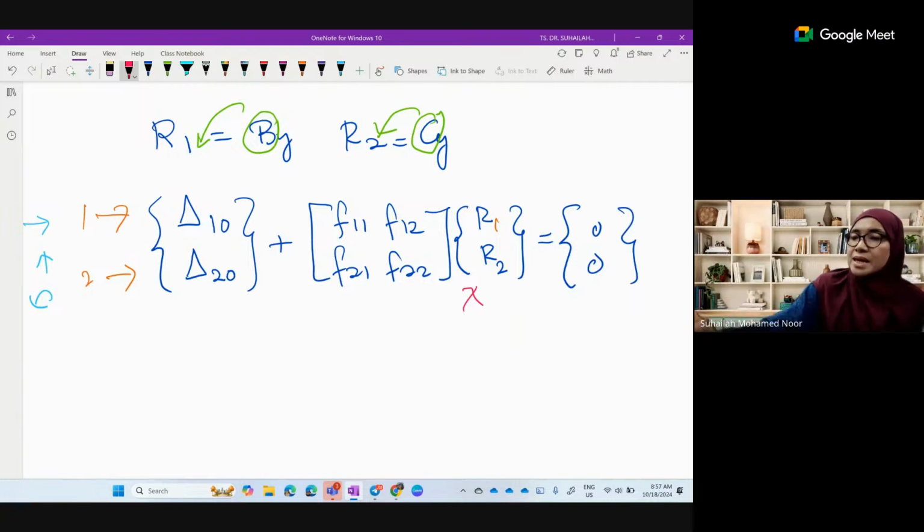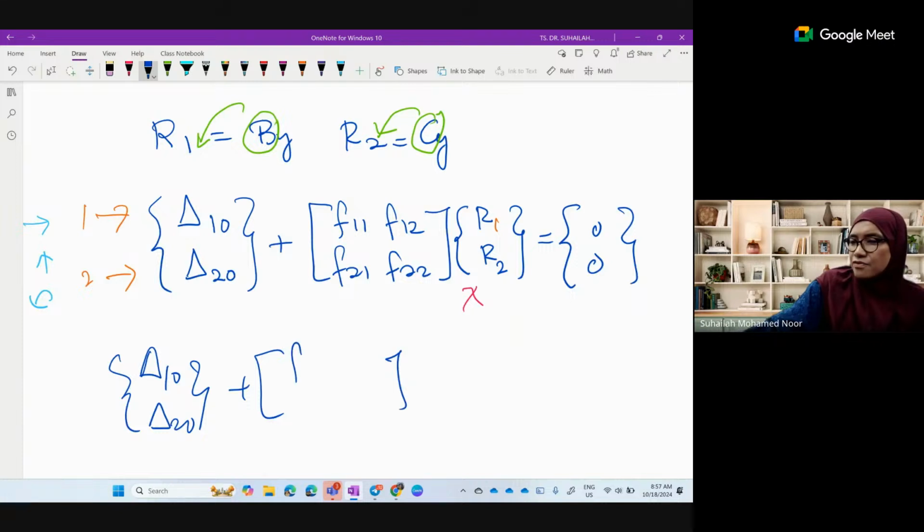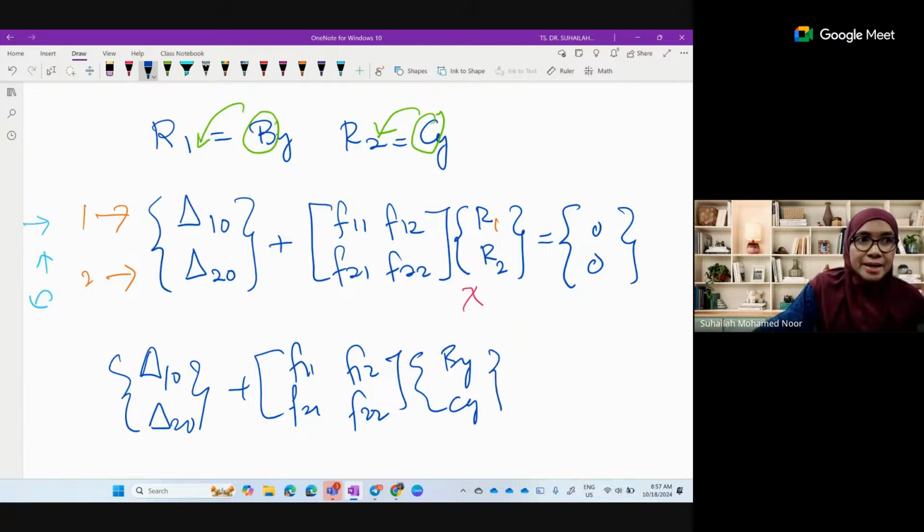So biasanya apa yang saya akan buat is, yang ni saya pakai standard. Anyway tak salah pun. Delta 1 naught, delta 2 naught, plus yang ni standard F11, F12, F21, F22 standard. Tapi dekat redundant name ni saya nak letak nama dia tu, boleh. So that kita tahulah dia represent apa, right?